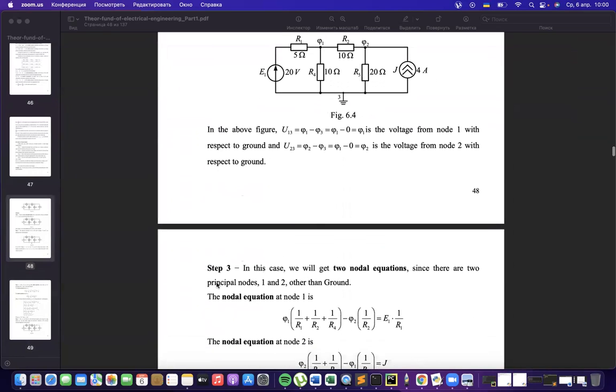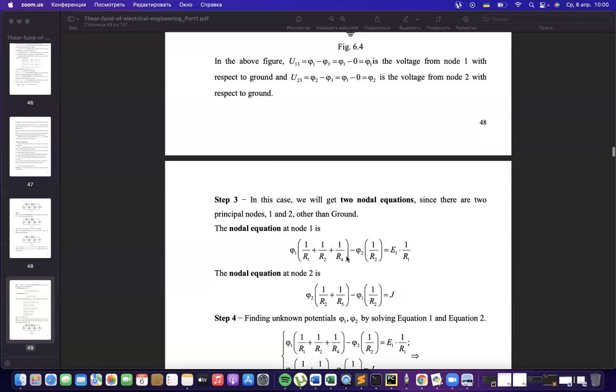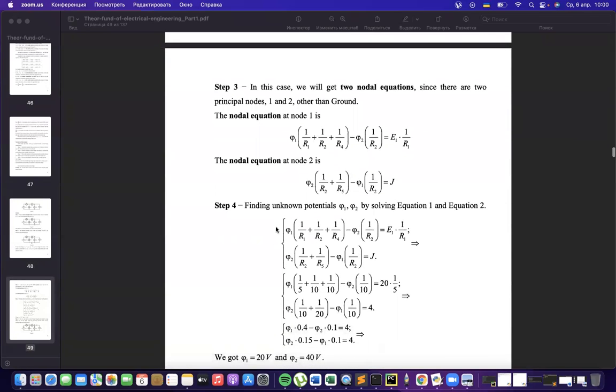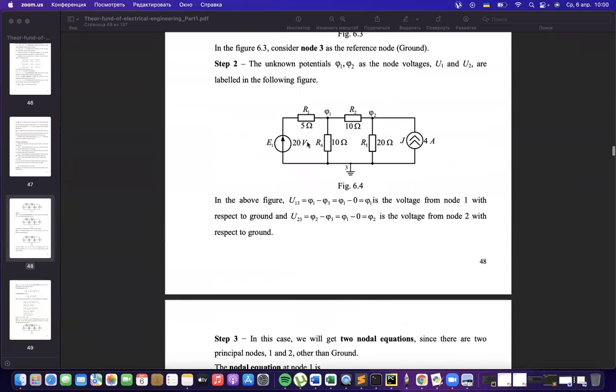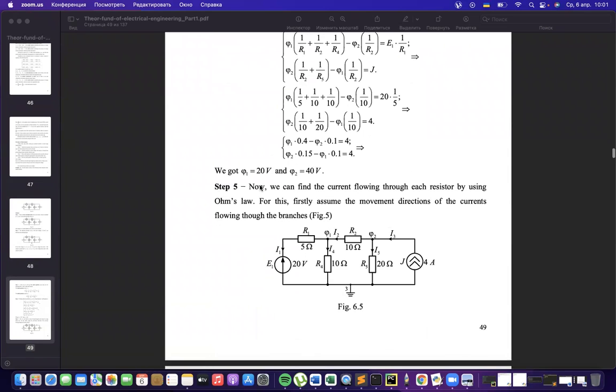And for this example, after we make two equations, for node number 1 and node number 2, in the obtained system we substitute the values of resistors and sources from the initial data. After that, solving this system of equations, we will get the potential values, two potentials in this system.